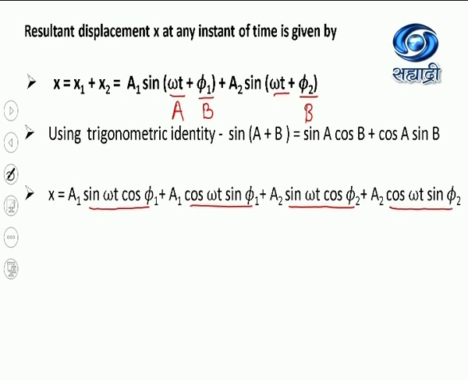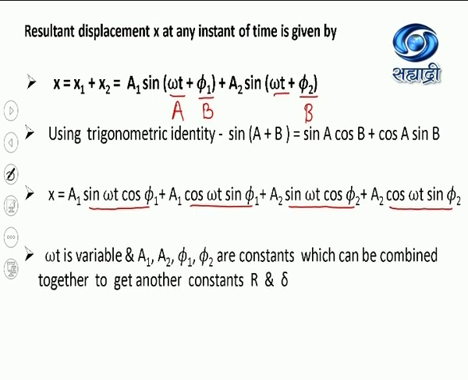Here omega t is the only variable, because as time advances the position of the particle keeps changing. That's why omega t is a variable, but the rest of the values are constants: a1, a2, and the initial phase angles phi 1 and phi 2.